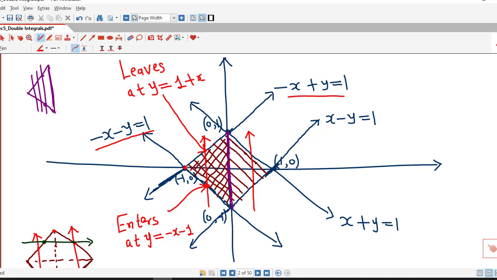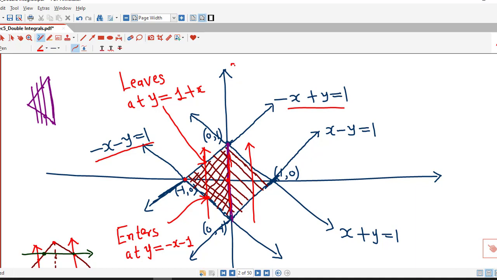This is the leftmost point of the region, and all these points are the rightmost points of the region, and they are on the y-axis, where the value of x is 0, and at this point the value of x is minus 1. So x is running from minus 1 to 0 in this region R1. This region is R1 and this is region R2.